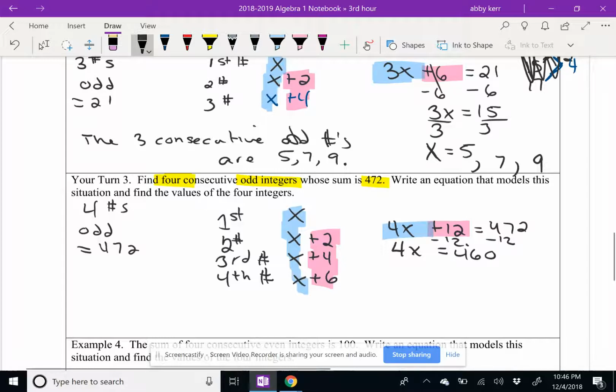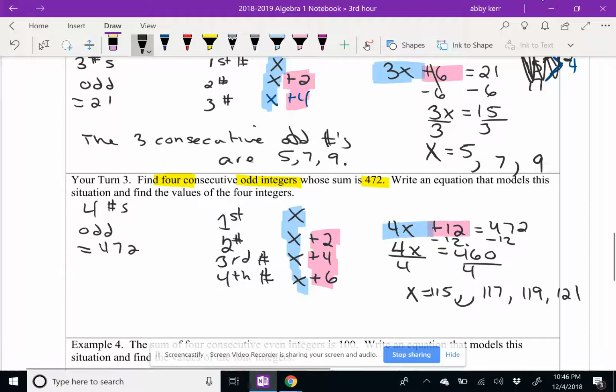And then divide by 4. We're going to get 460 divided by 4 is 115, which is good because we got an odd number. So the next numbers are 117, 119, and 121.